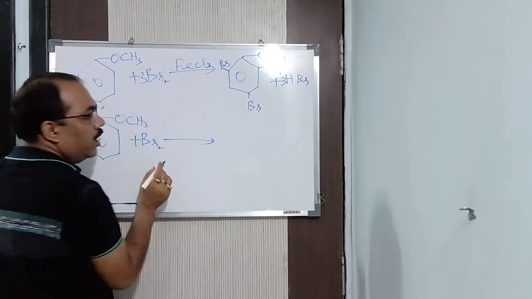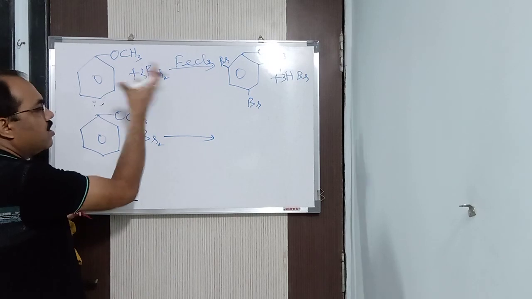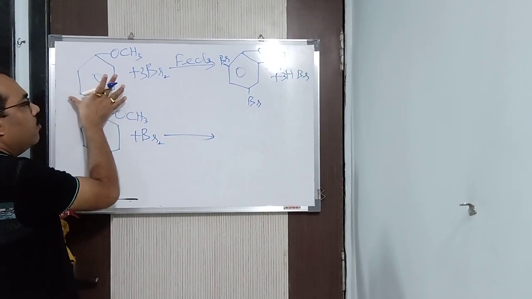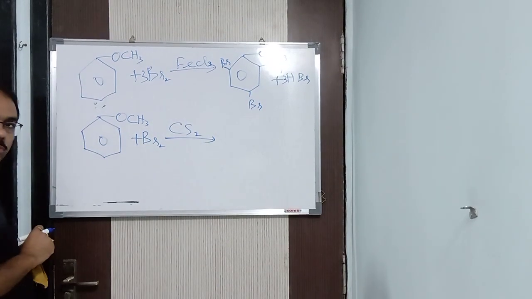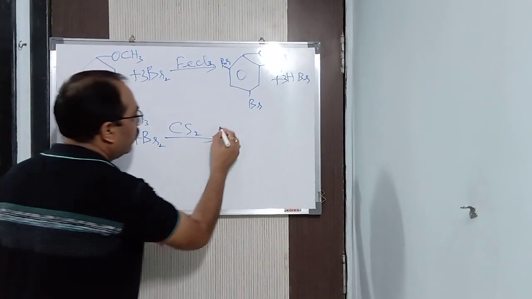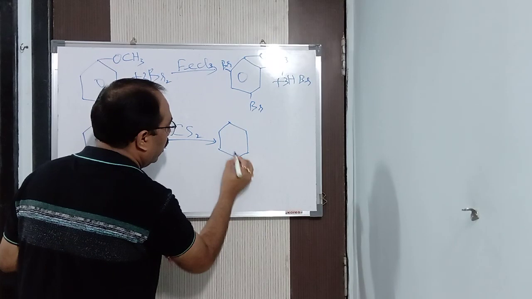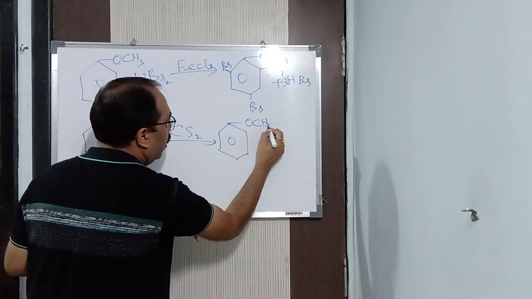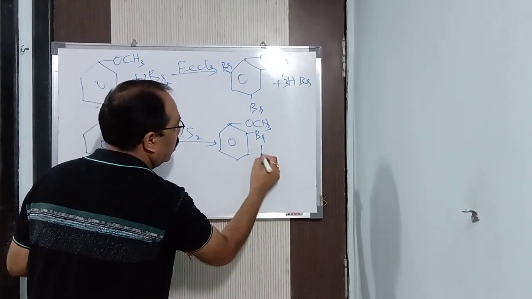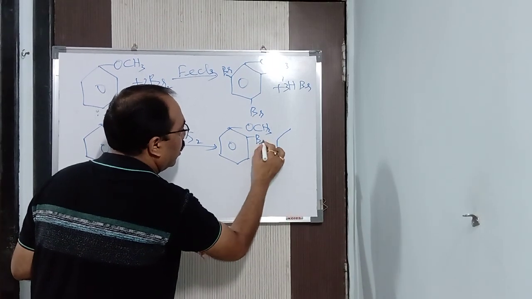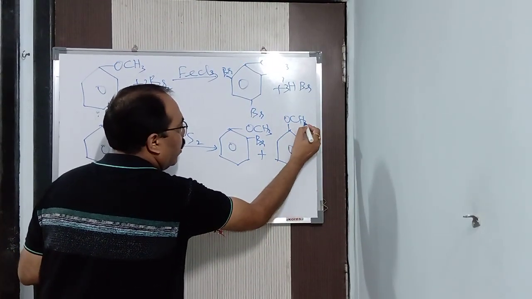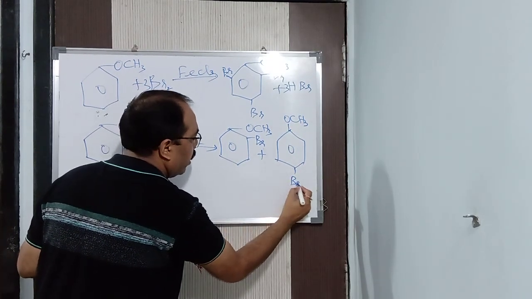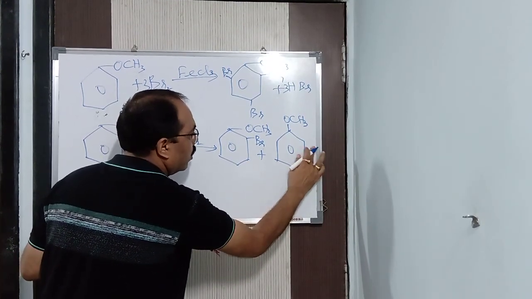Instead of taking a group which makes the aromatic ether highly reactive, I will take an inert solvent, CH2Cl2. What I am going to get is ortho-para. So OCH3 with bromine at the ortho position, and another with bromine at the para position, plus HBr.